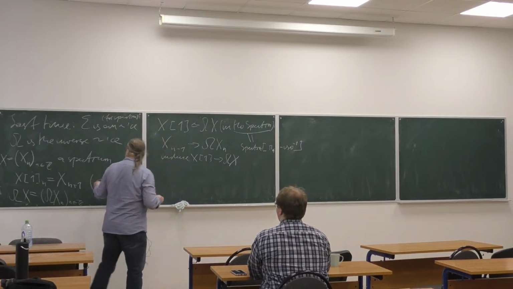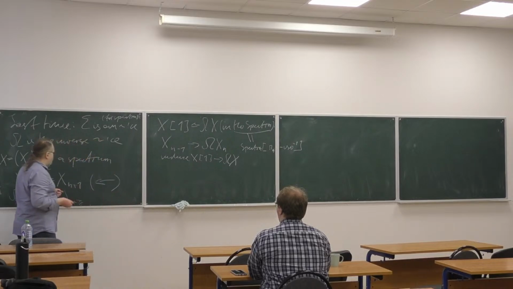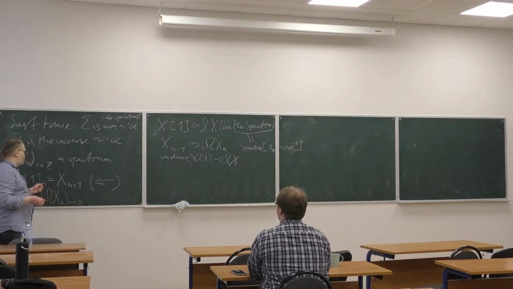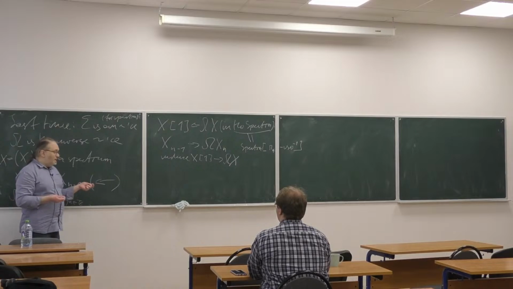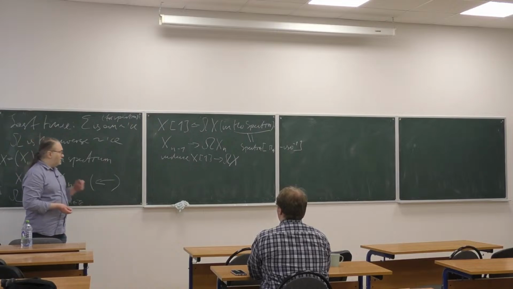Okay, so this is the definition. Let's see what happens when, for example, n is 0. The zeroth component of x1 is the first component of x. So what happened to the spectrum? It got shifted to the left by 1.